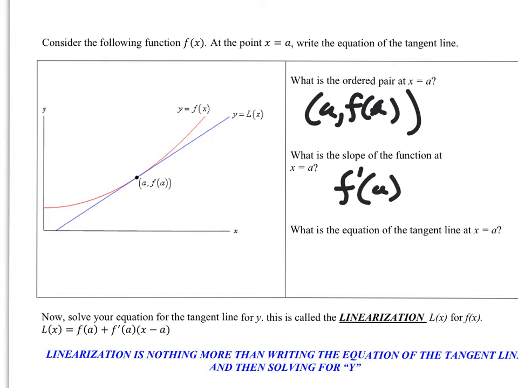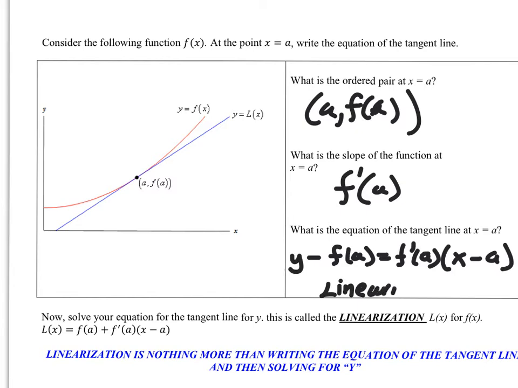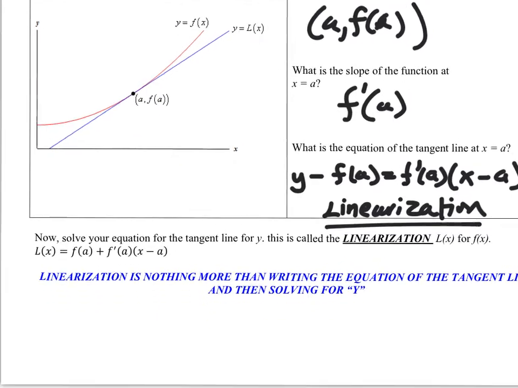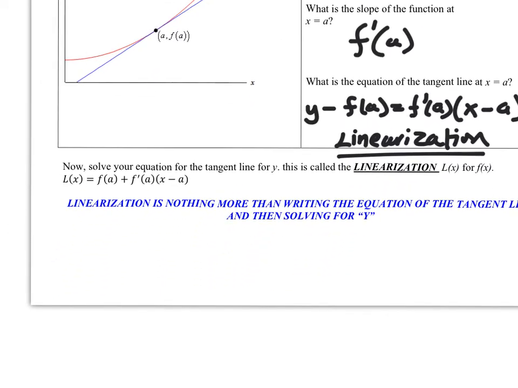So the equation of the tangent line would be y minus some y value, which we call f of a, equals the slope f prime at a times x minus that x value. This is called linearization, or it's the beginnings of it, right? We'll fully linearize this when we call y L of x, a linearization for f of x.